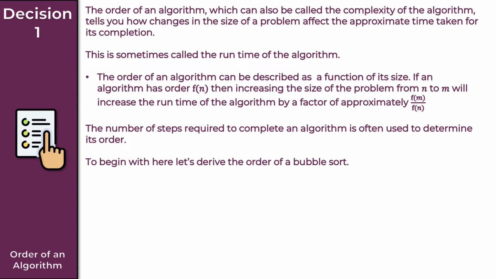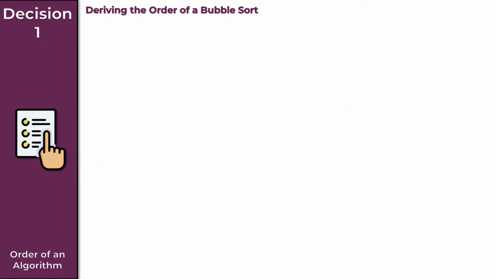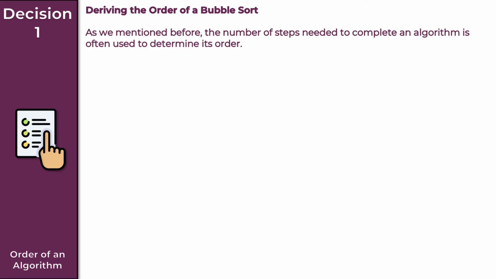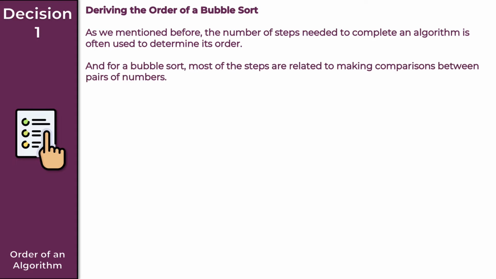So to begin with here, let's just derive the order of a bubble sort. Now, as we mentioned before, the number of steps needed to complete an algorithm is often used to determine its order. And for a bubble sort, most of these steps are related to making comparisons between pairs of numbers.